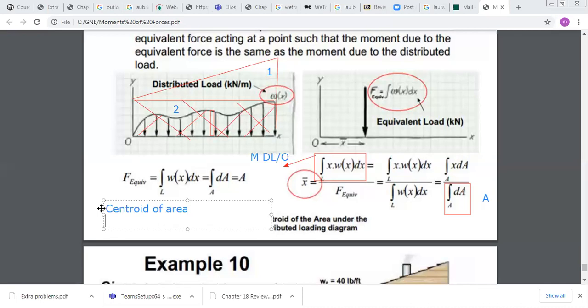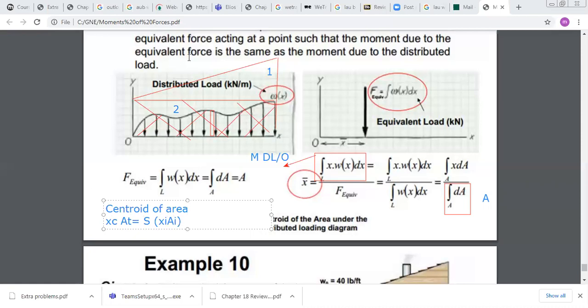If you have simple geometries, you can say that x bar, so x of the centroid times A total, is equal to the summation of xi Ai. Okay, what do I mean by this?